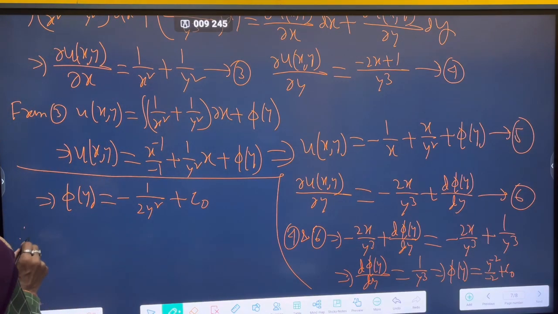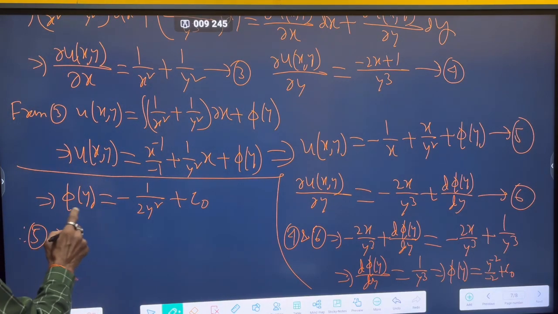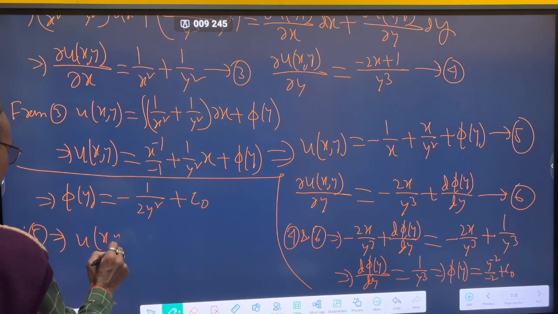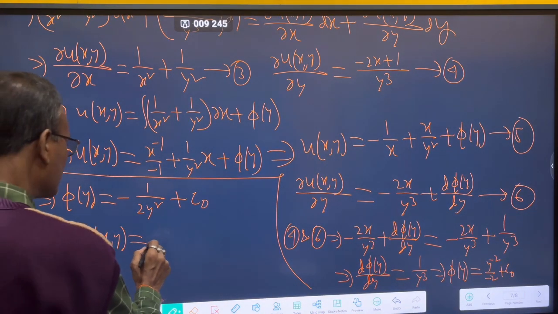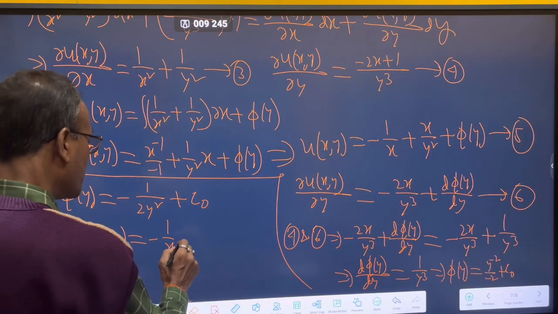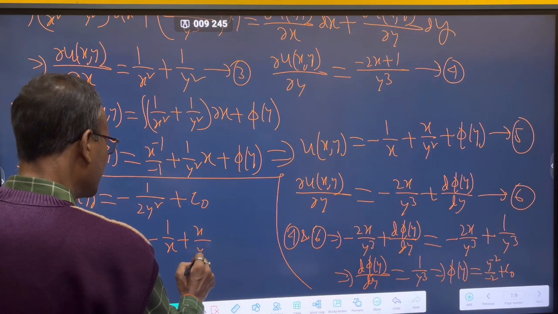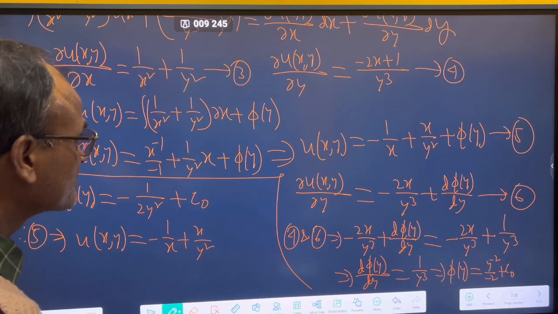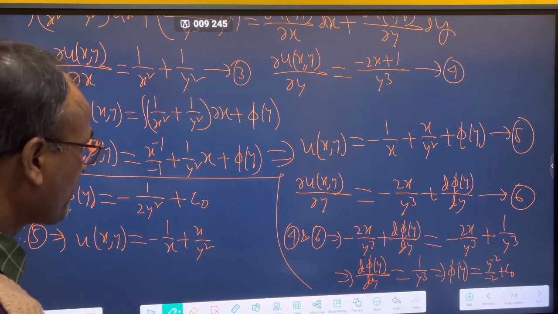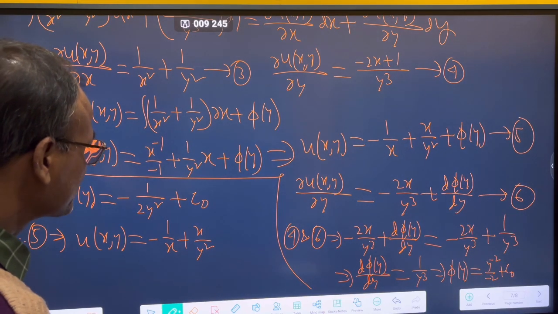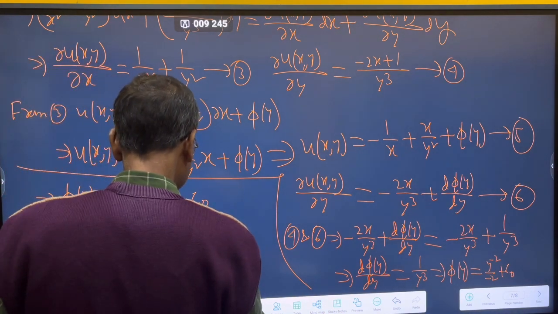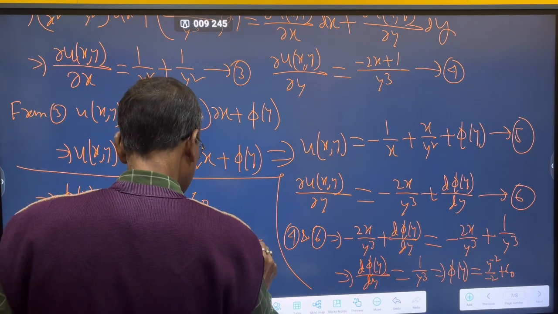Therefore, put the value of phi(y) in 5, we will get u(x,y) equals −1/x + x/y² − 1/(2y²) + c naught.